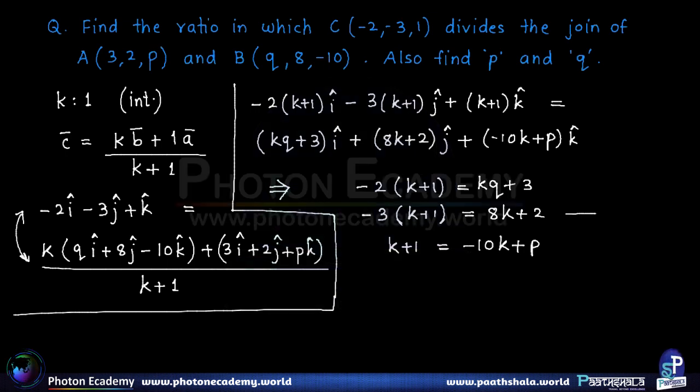Now observe that from the second equation we can directly get the value of k, because there is only one unknown k, and that gives us k to be equal to minus 5 by 11.